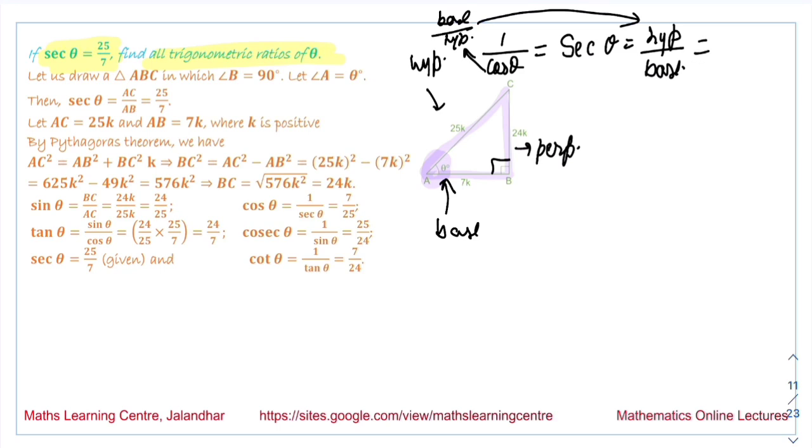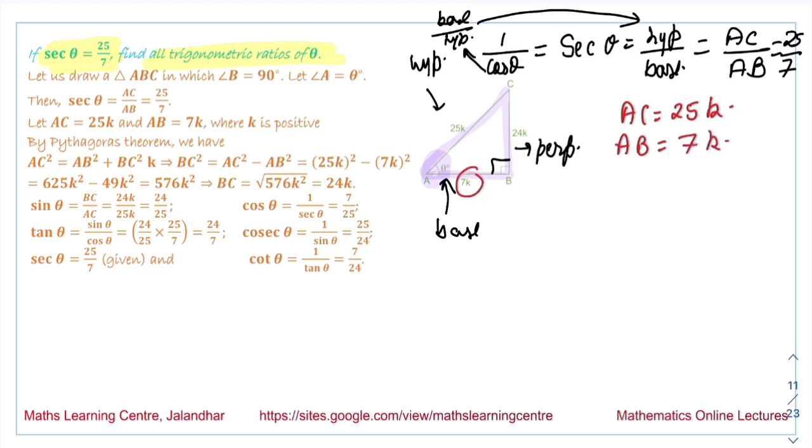Hypotenuse we have is AC and base is AB, and this value is given to be 25 by 7. So for some constant k, AC is 25k and AB is 7k.